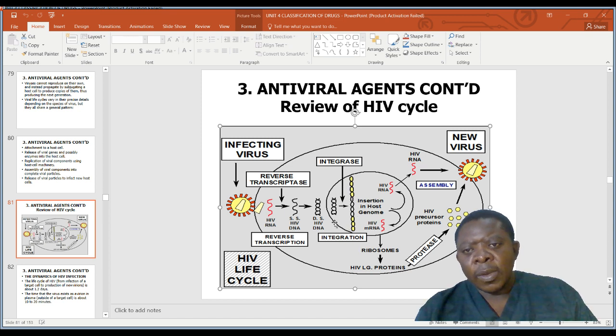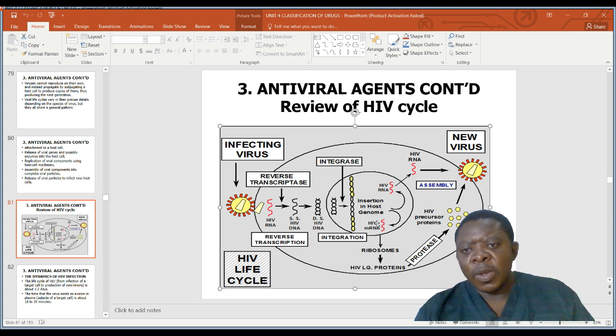Then we are going to have the messenger RNA that has the HIV information. This messenger RNA, coming from the host DNA, has the information to produce proteins that are needed by the virus.